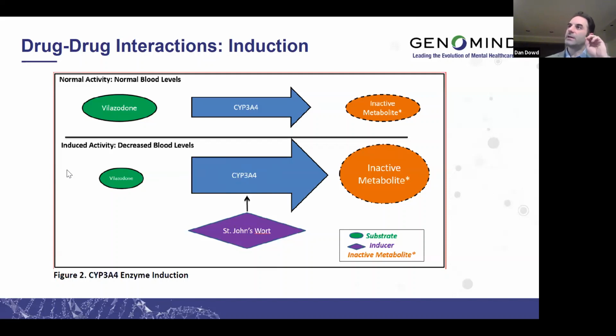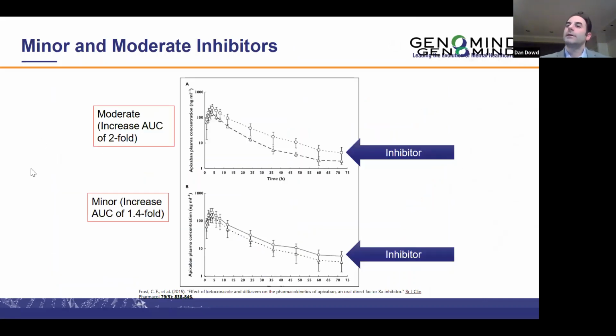Okay, so enzyme inhibition versus enzyme induction. There are more enzyme inhibitors out there than there are enzyme inducers, probably at least fourfold more inhibitors than there are inducers. So drug-drug interactions via enzyme inhibition are more common. Here's some real-world examples of all of this.